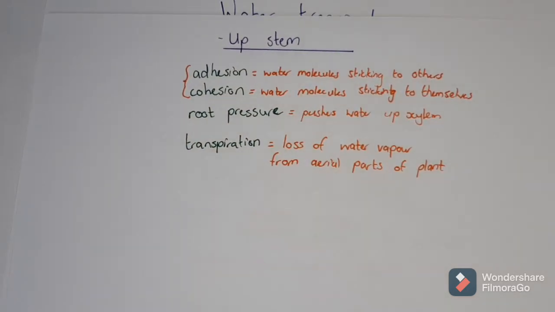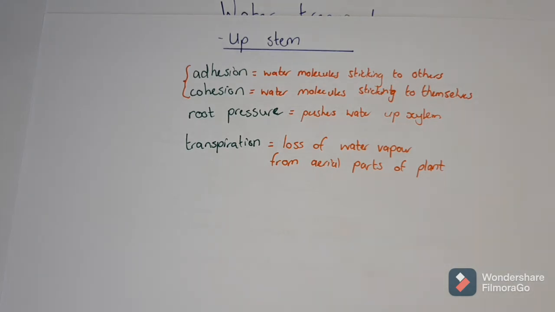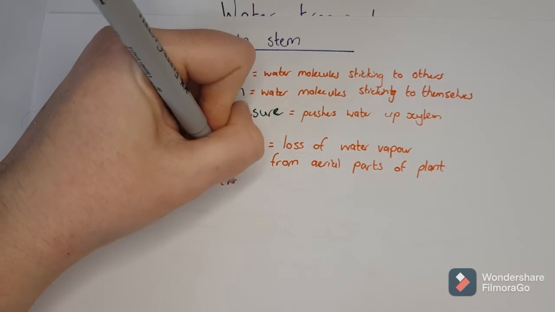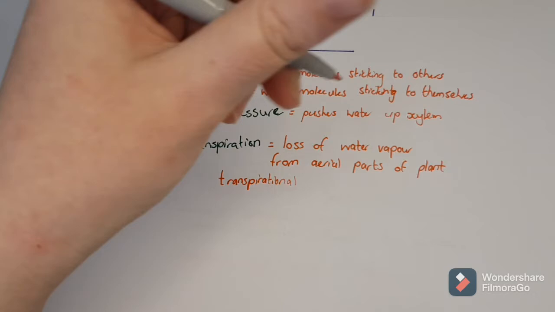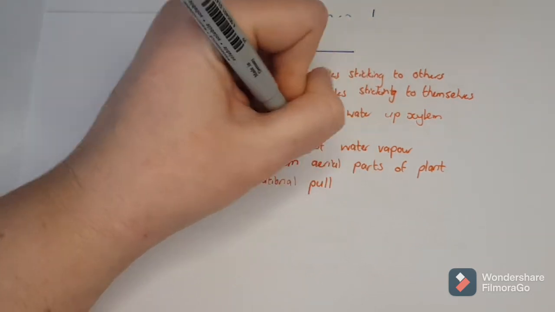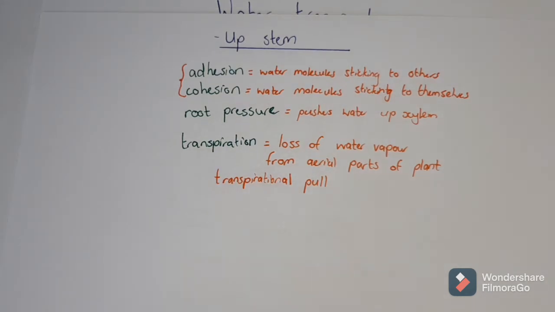And as water vapor is getting lost, because of the cohesion of the water molecules sticking to one another, as one water molecule evaporates out of the leaf, it pulls the next one and the next one. And you end up with what we call transpirational pull, because it's pulling one molecule to the next one to the next one.